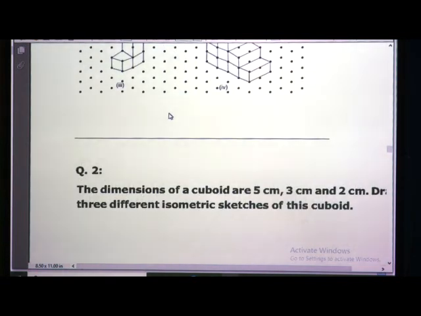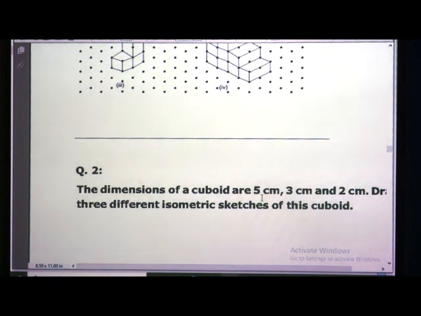If the dimensions of a cuboid are 5 centimeters, 3 centimeters and 2 centimeters, all dimensions may be different, it is a cuboid. If 2 dimensions are the same, but 1 dimension is different, you can say it is a cuboid. When all the dimensions are the same, then it will be a cube. Cube means all the sides, all the faces, all the edges are the same in dimension.